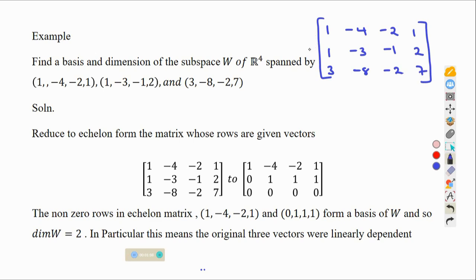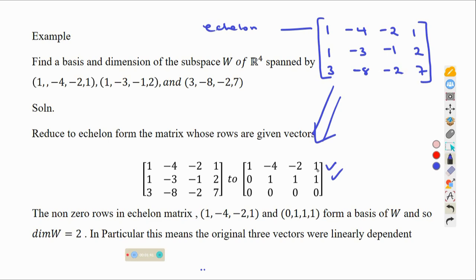We shall row reduce this matrix to echelon form. When you place it in echelon form, the non-zero rows become what we call the basis. So simply row reduce this by using row operations.